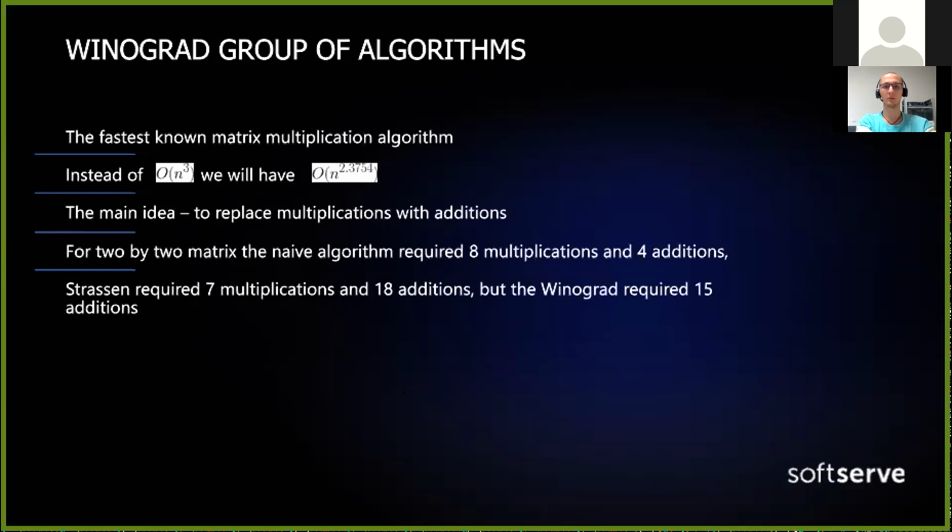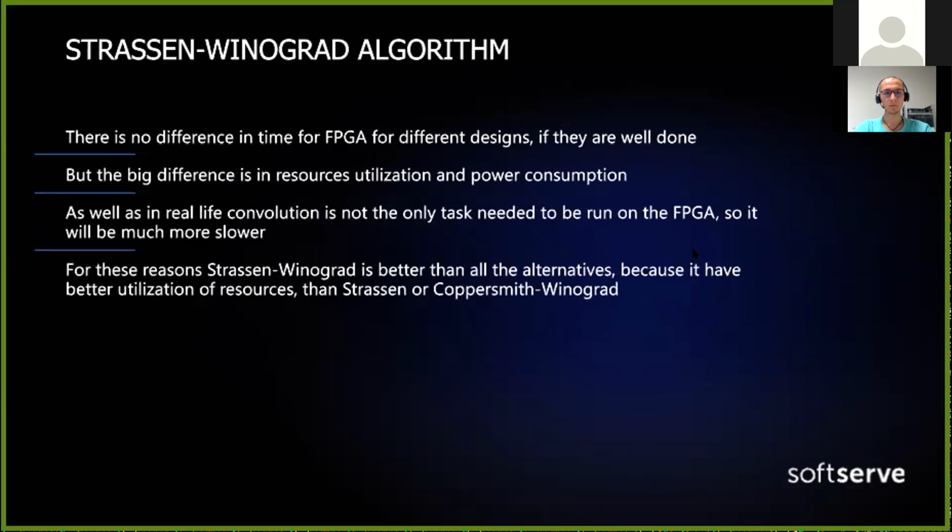Why can it be faster? Because, as far as I know, both GPU and FPGA have more units to make addition than multiplication, and that's why it can be very useful to reduce the number of multiplications, even if it will increase the number of additions. There is no difference in time for FPGA for different designs.